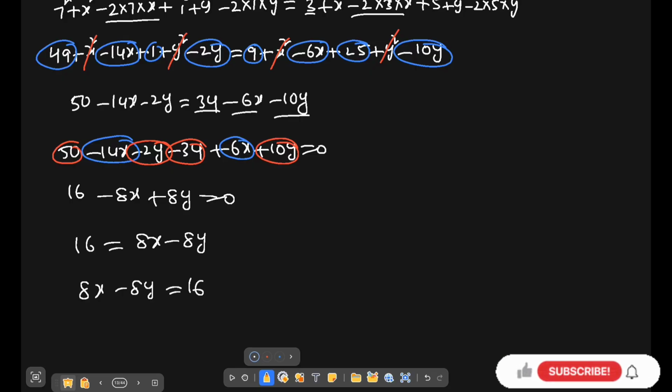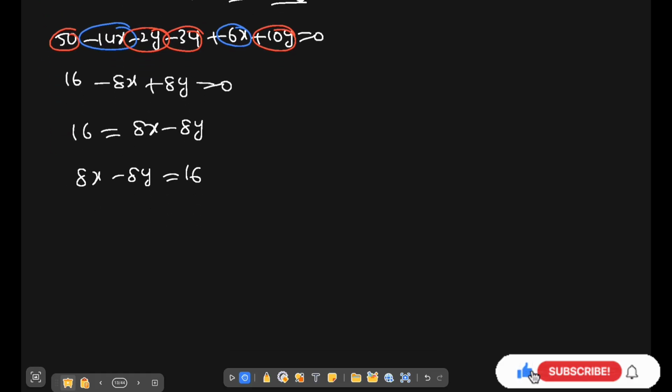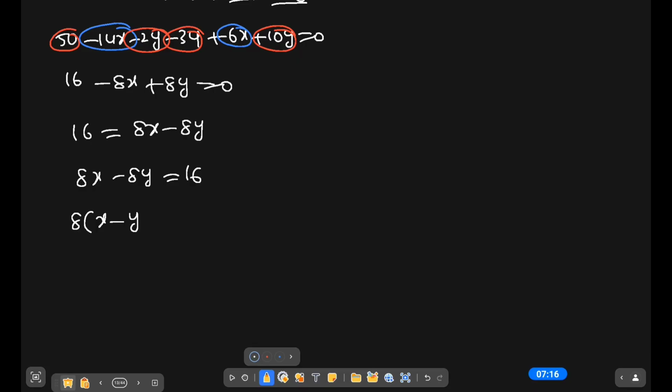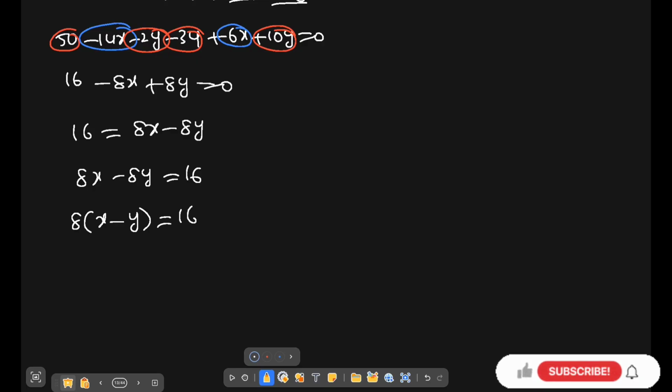Let's take 8 common on the left side: 8 of x minus y equals 16. Send 8 to the right side. x minus y equals 16 by 8. 8 ones are 8, 8 twos are 16. Now x minus y equals 2.